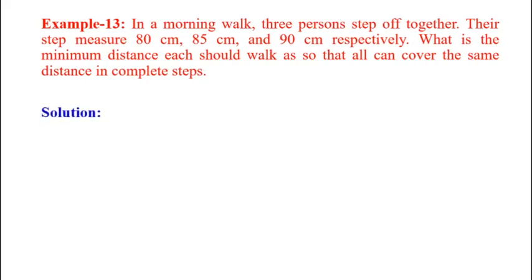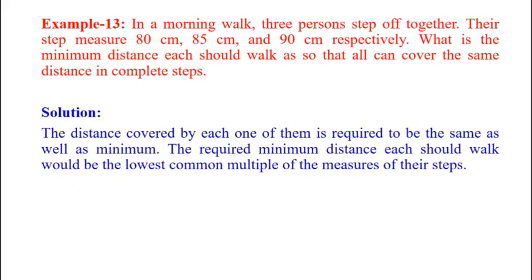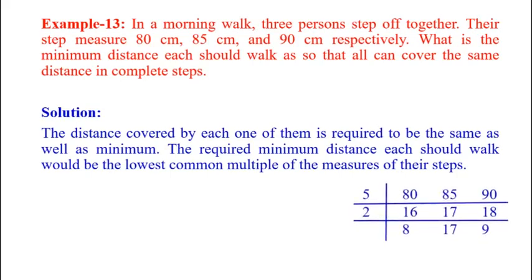Solution: the distance covered by each one of them is required to be the same as well as minimum. So the required minimum distance each should walk would be the lowest common multiple of the measures of their steps. So we find the LCM of 80, 85 and 90.